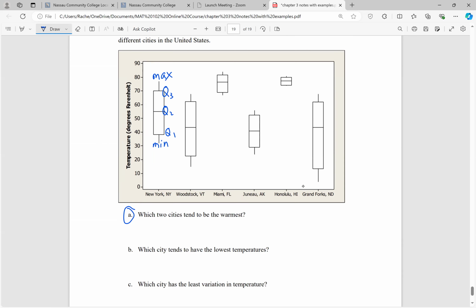So just imagine looking at this box plot on its side, and then it's going to look like the ones that we've been drawing. So which two cities tend to be the warmest? Well, here are the warmest temperatures up here, and we see these two box plots sitting higher than all the rest. So these cities are going to have the warmest temperatures. These two cities happen to be Miami and Honolulu.